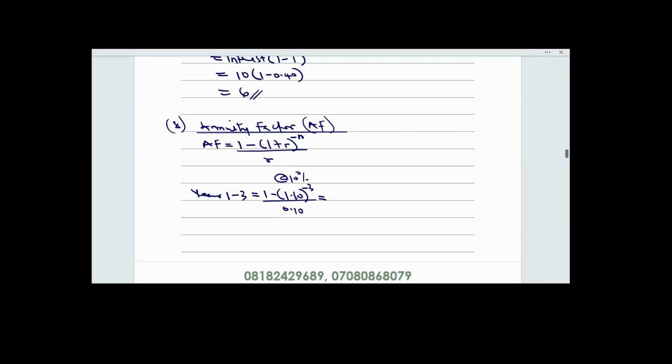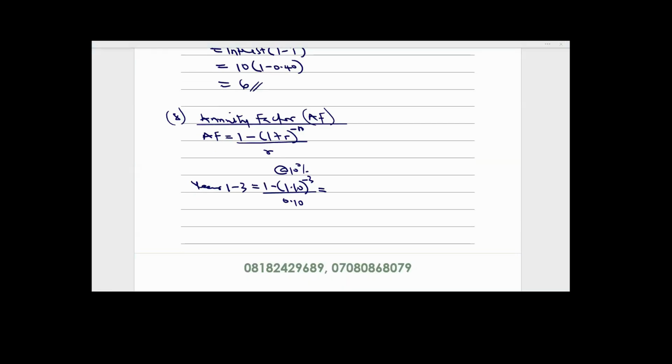So what do you have here? 2.487. That's the annuity factor of year 1 to 3.